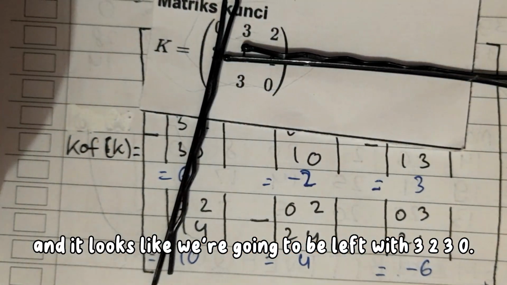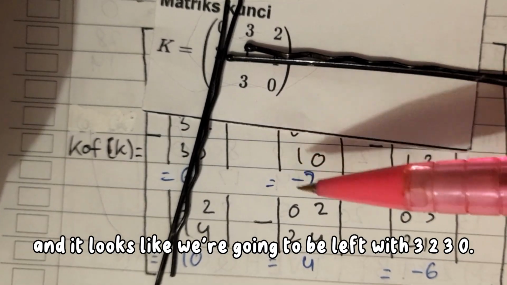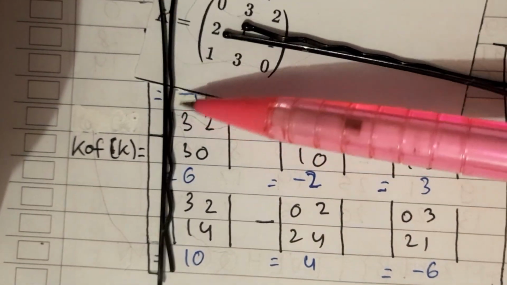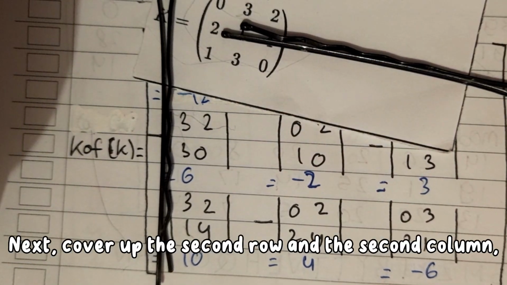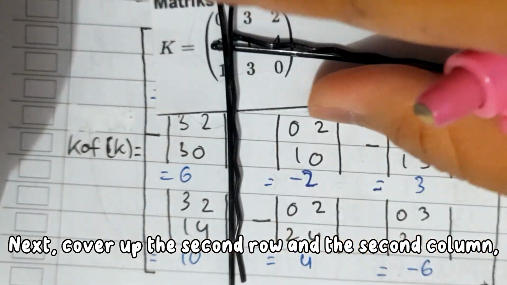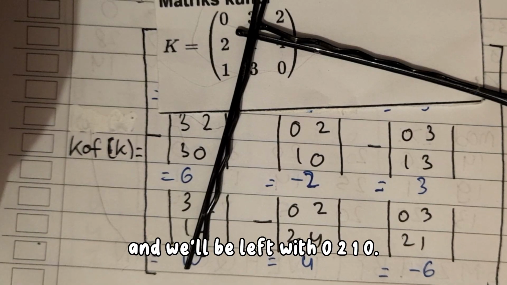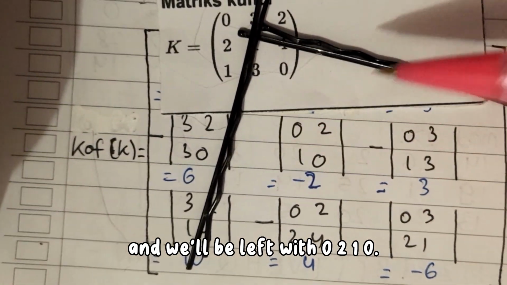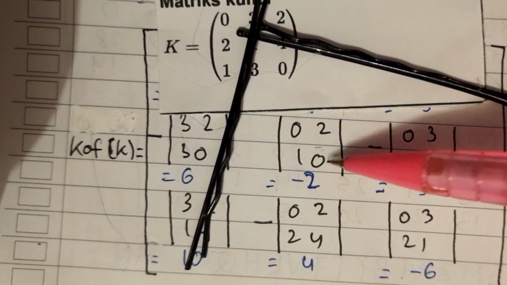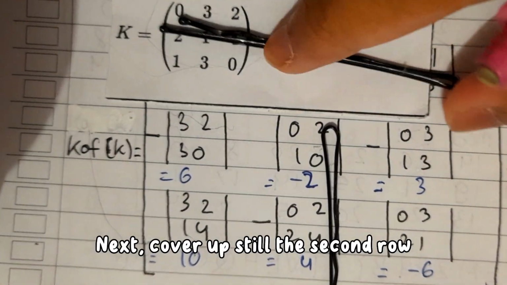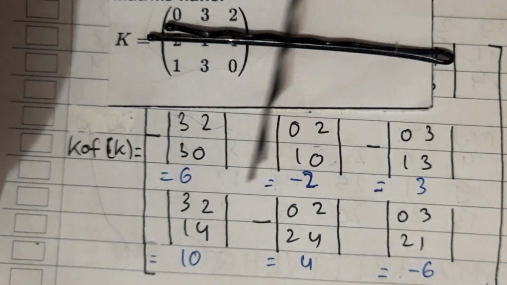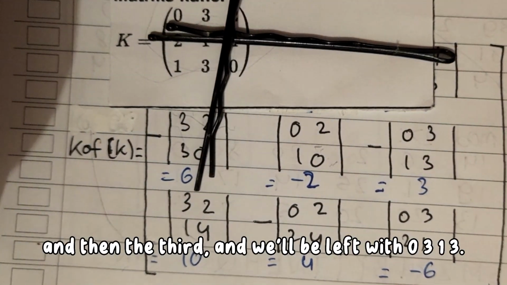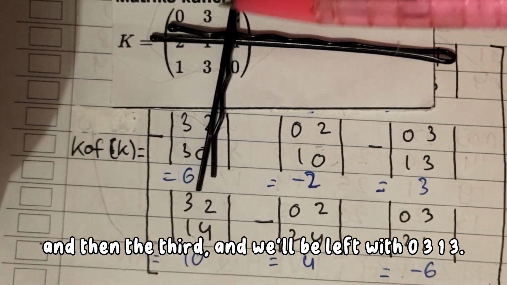And it looks like we're going to be left with 3, 2, 3, 0. Next, cover up the second row and second column. And we'll be left with 0, 2, 1, 0. Next, cover up still the second row and then the third column, and we'll be left with 0, 3, 1, 3.